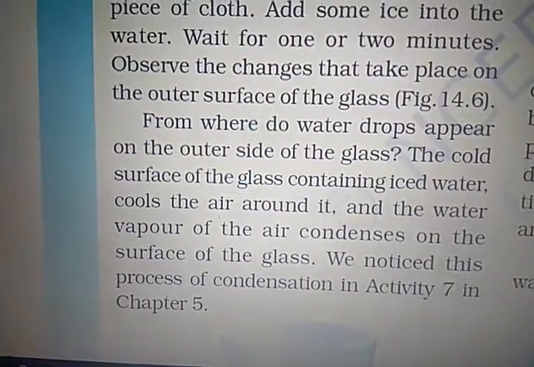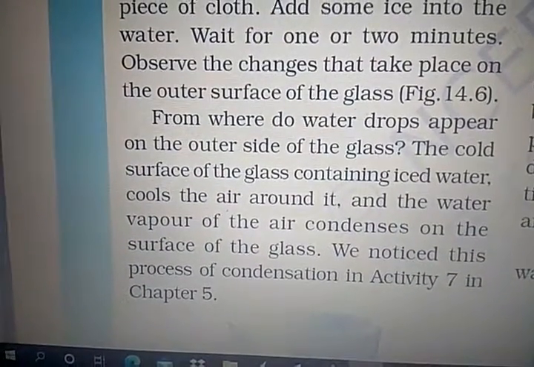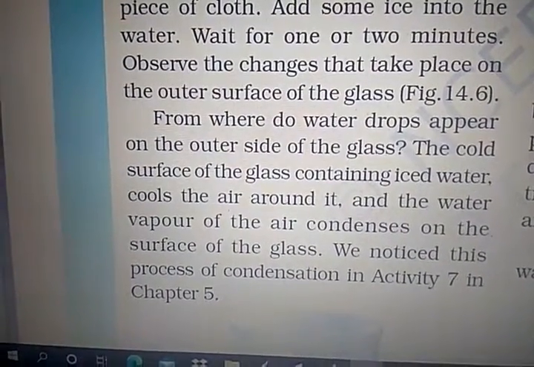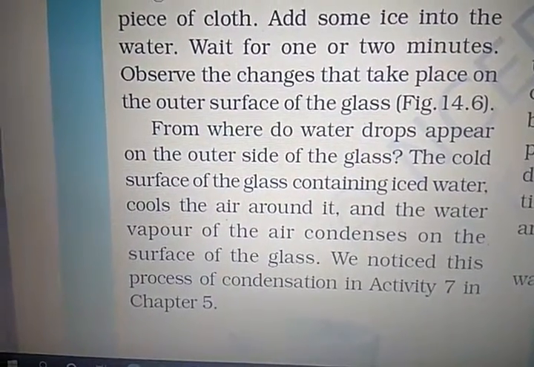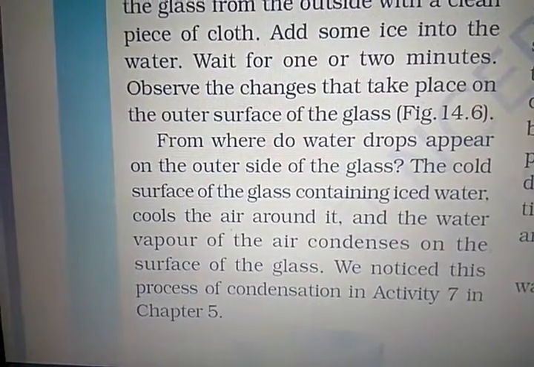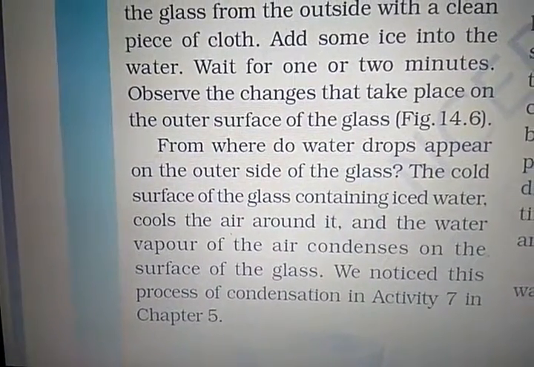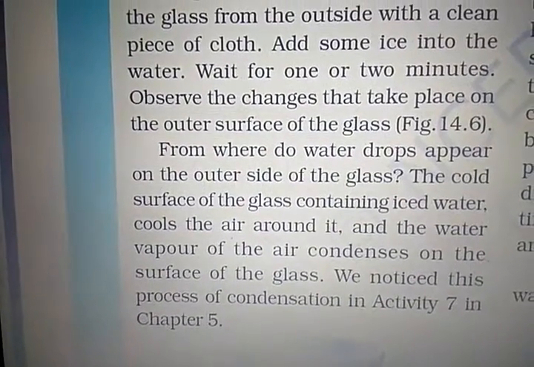So the cold surface of the glass containing ice water cools the air around it and the water vapor of the air condenses. Now that water vapor, where does it come from? It comes from evaporation, right? So that water from the air condenses on the surface of the glass.